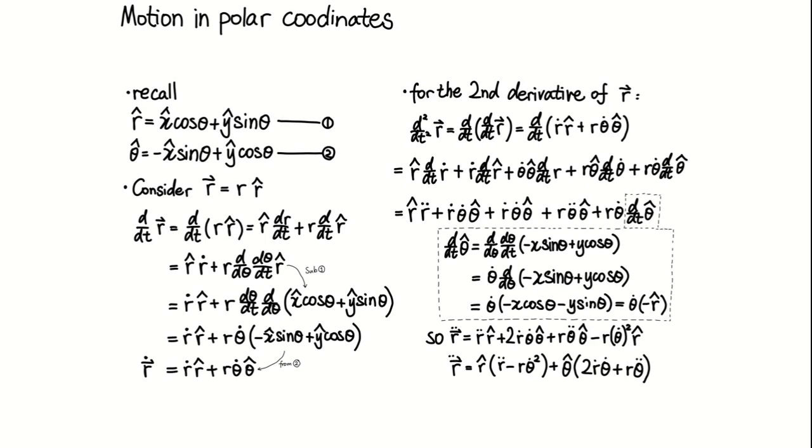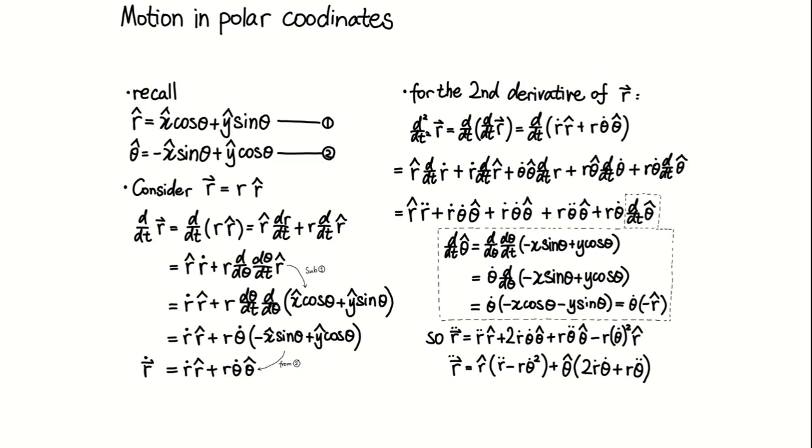We have already found the derivative of the unit vector r in our first derivation, which was equal to theta dot unit vector theta. The derivative of the unit vector theta is found in a similar way by substituting in the second equation followed by the first equation, giving out theta dot times the negative of unit vector r.